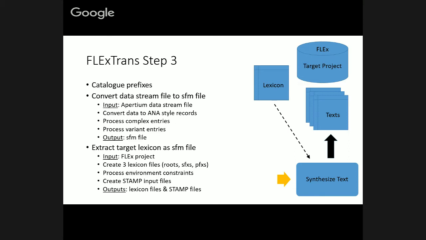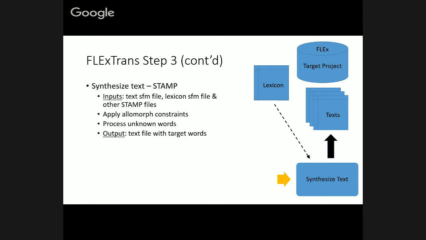And then I also need as SFM files the lexicon from the Flex target project. So those are SFM files that get pulled out, so Stamp can use those. Then Stamp needs to be run against those input files. And then as the last step, insert the resulting text into the Flex project.